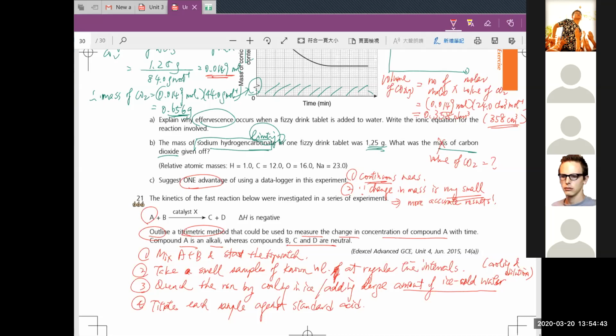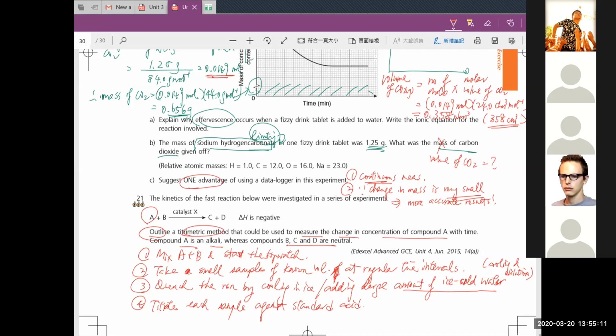So it really depends on the catalyst. I don't know whether or not it is an enzyme. If it's just a simple acid, you can react it with, for example, hydrogen carbonate and you can quench.